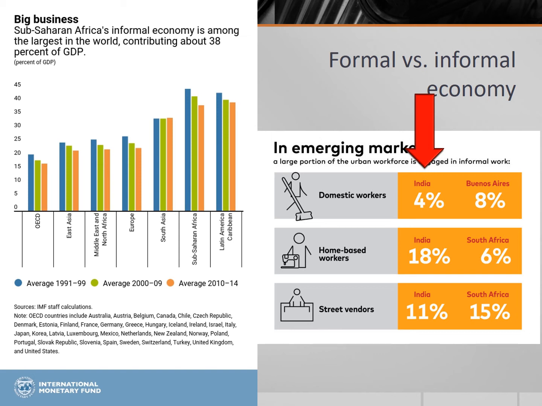Those are the ones listed: domestic workers, home-based workers, and street vendors. And that doesn't even start to get into other elements of, say, the black market, illegal drug trade, and things like that. But that's what people tend to think of with the informal economy. It can even just be people who are maids or servants, people who operate a business out of their home that isn't regulated or taxed, as well as people that set up shop on street corners and sell things.